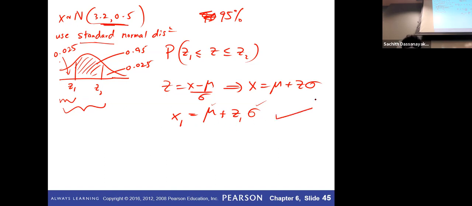Now you can find x1. Clear? I'll do this calculation next day. How to find this one? Mu plus C2 sigma. So you know these values, and you can find x2. This is how you deal with this kind of problem. This is the only way we have to do it.